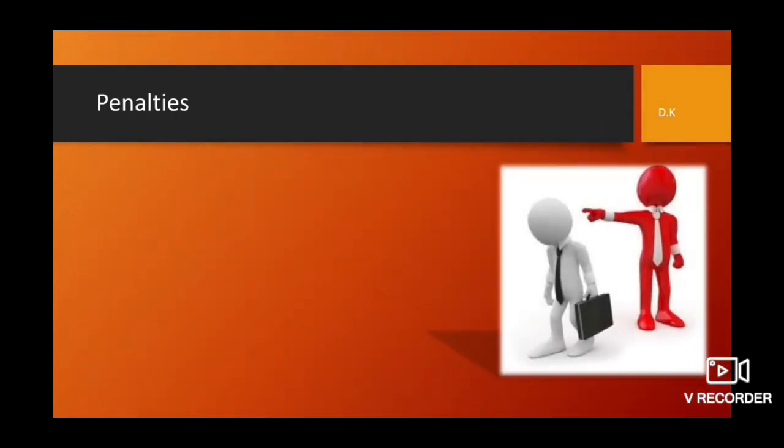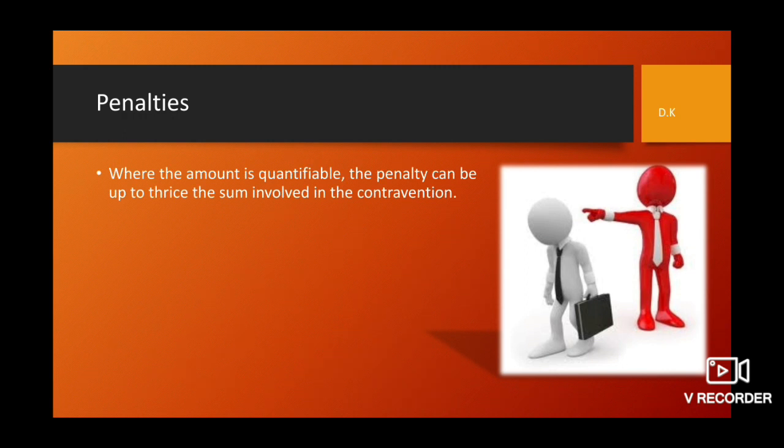Penalties for contravention. Penalties where the amount is quantifiable: if any person contravenes the provisions of the Act or the rules or regulations, he will be penalized, and where the contravention or the dealing is quantifiable, the penalty can be up to thrice the sum involved in the contravention.